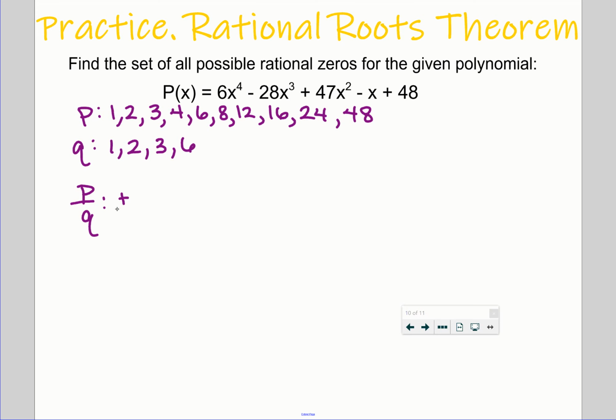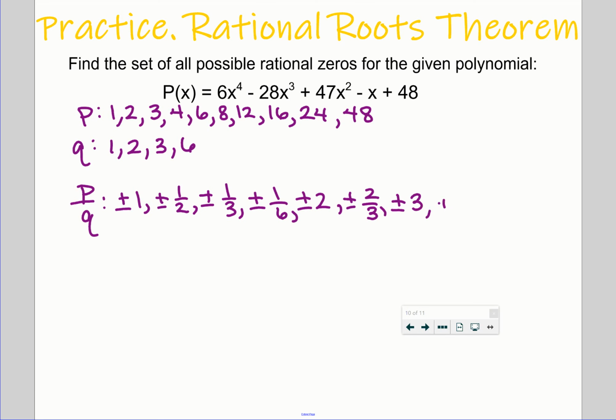Possible p's over q's. 1 divided by each of them. 1, 1/2, 1/3, 1/6. 2 divided by each of them. 2, 2/2 is 1, 2/3, and 2/6 is 1/3. It's already on there. 3, 3/2, 3/3 is 1, 3/6 is 1/2.